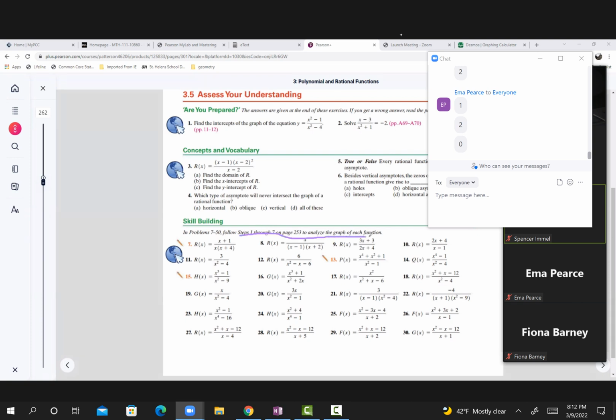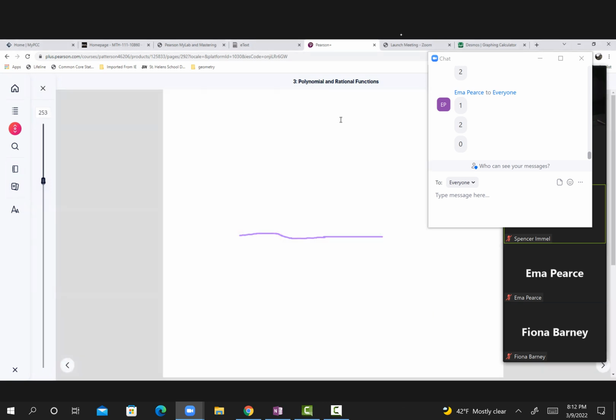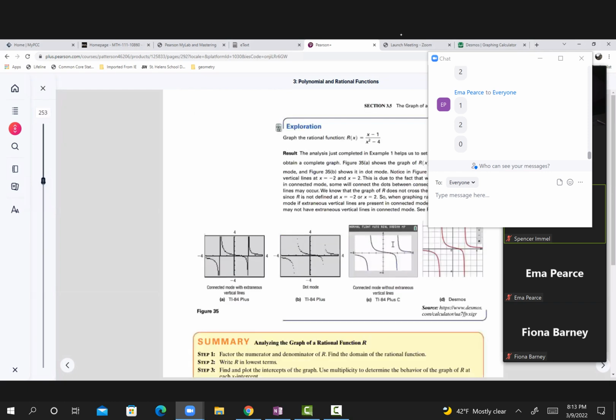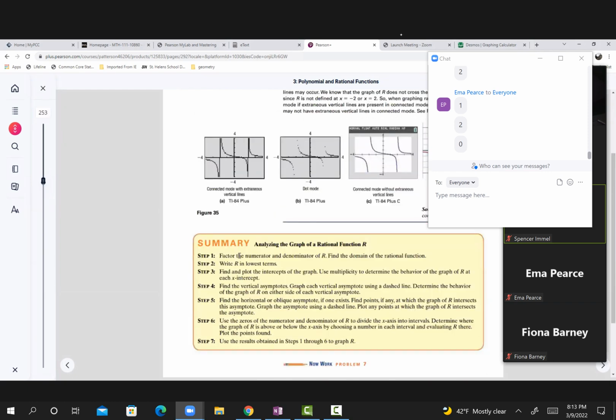Now, if I go back to 253, it has you do about 4 or 5 different things. It wants you to factor the numerator and denominator, which I already said is a good idea, and find the domain.